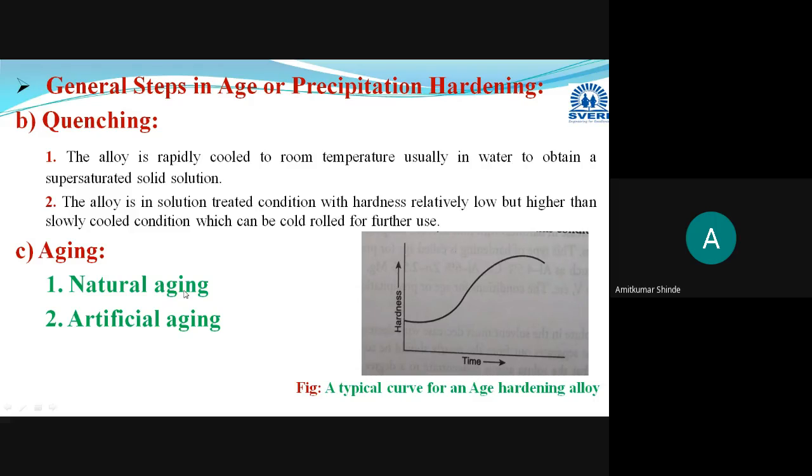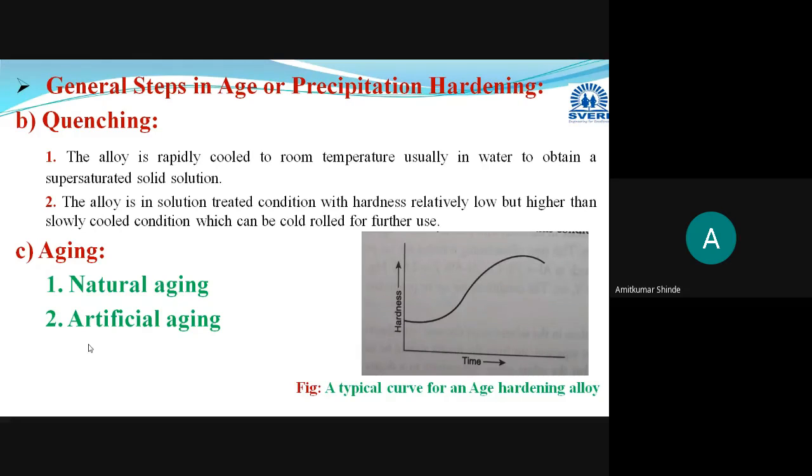Natural aging means that in this process only the third step is involved, and in artificial aging, heating, quenching, and aging, these three steps will be there. In natural aging, automatically as time is passing away, hardness will get increased. That is the natural aging process. And in artificial aging, we use these three steps: heating, quenching, and then the aging process.